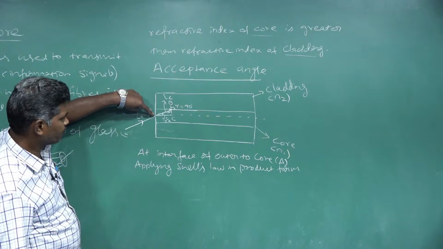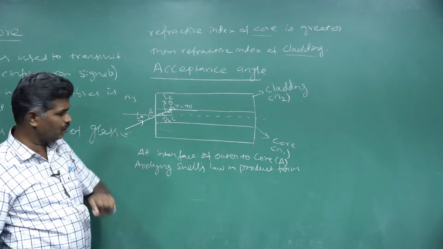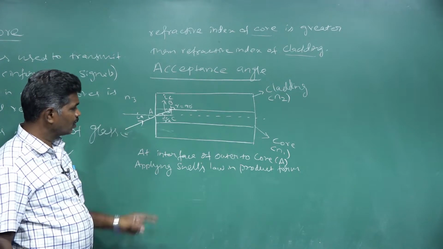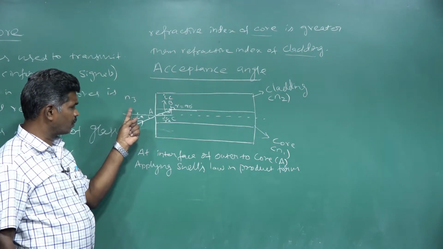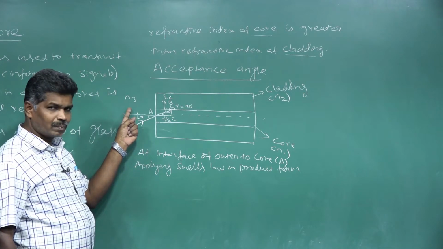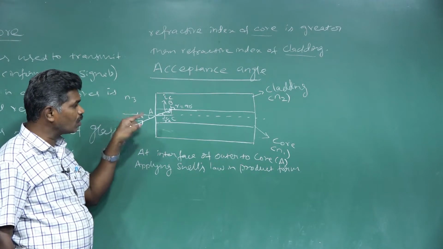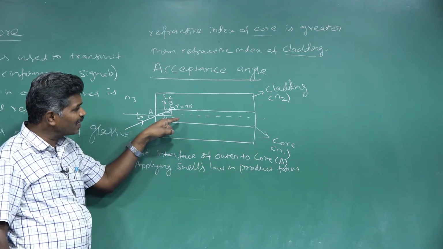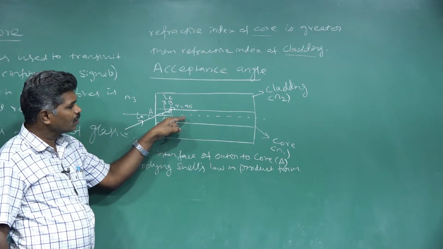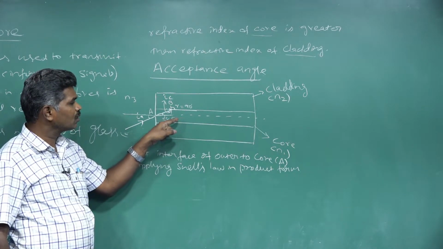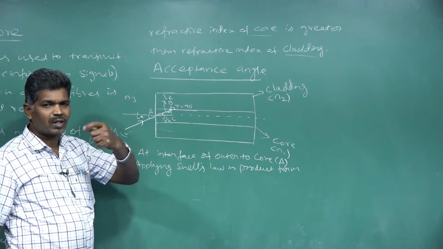Applying Snell's law in product form at this point means the refractive index of the outer medium times the sine of the angle of incidence equals the refractive index of the core medium times the sine of the angle of refraction.